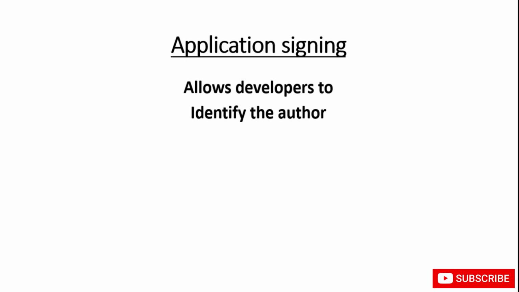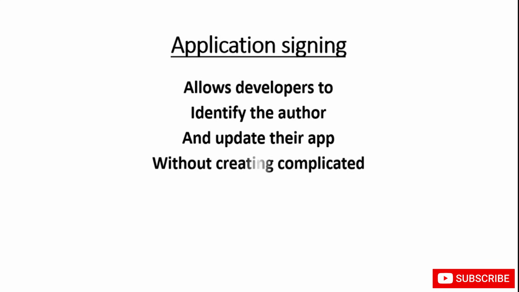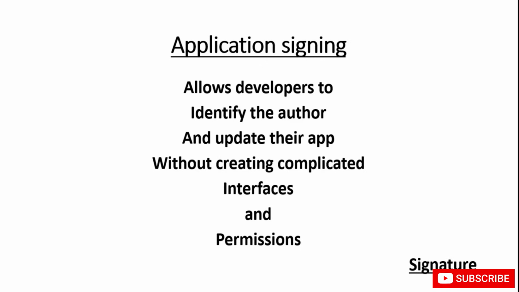Another thing that I want to cover here is application signing. Application signing allows developers to identify the author of the application so that the user knows that the application is legitimate, and also to update their application without creating complicated interfaces or permissions, right? Now every application that is run on the Android platform by default must be signed by the developer. So if you root it and you go to some other stores, that's definitely a very different story.